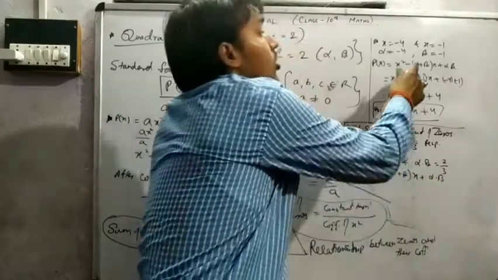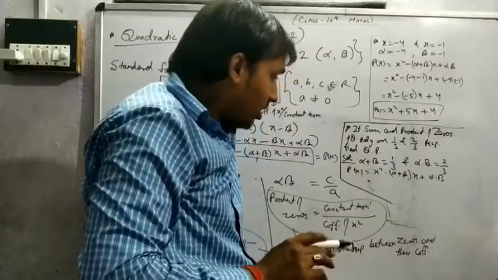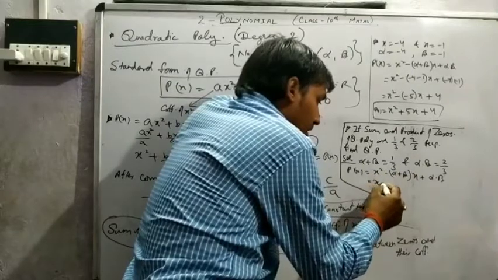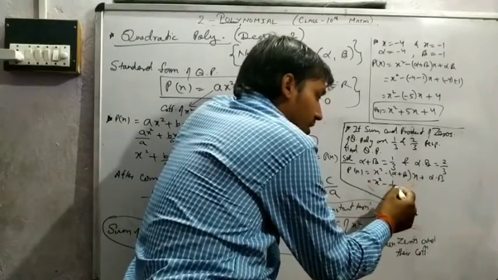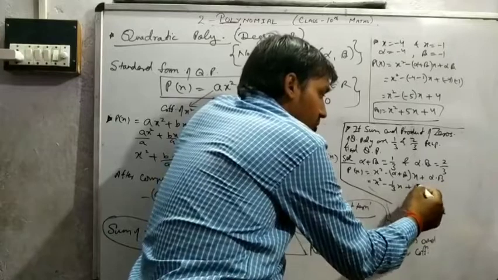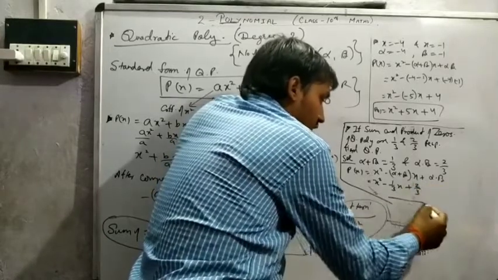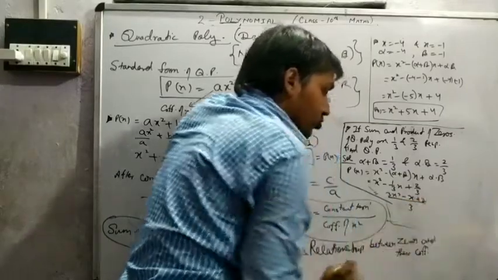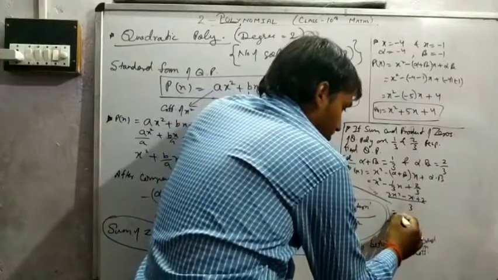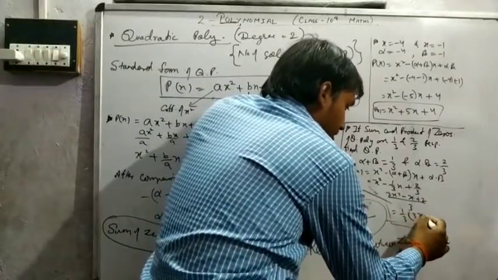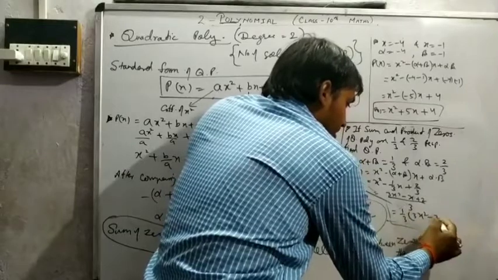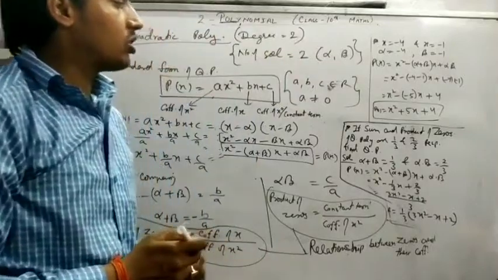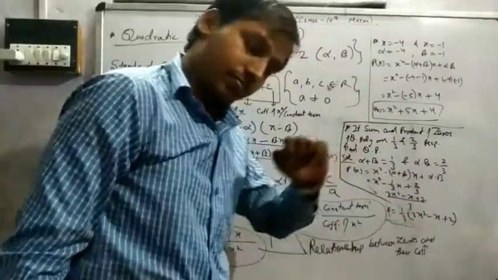Here we put the values of alpha plus beta and alpha into beta directly: x square minus 1 by 3 x plus 2 by 3. Taking LCM, 3x square minus x plus 2, and you can write 1 by 3 outside: 1 by 3 (3x square minus x plus 2). This is the polynomial when the sum of zeros and the product of zeros are given.